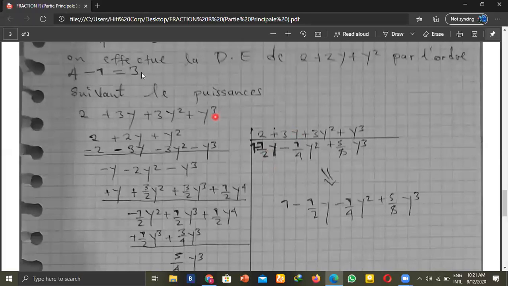That's why when we use our equation, we stop at 3 and we'll have 4 values. So after we've done our division euclidienne in puissances croissantes, we're going to find our quotient here. Then from our quotient, we just get its coefficients. So we've got this, this. So we just come here.